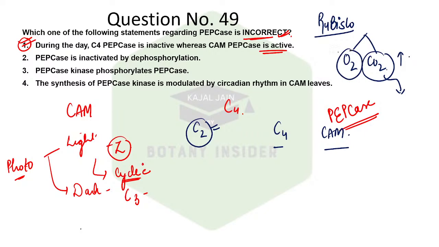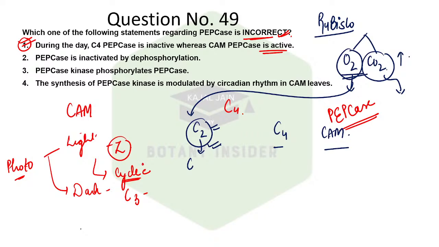Both of them have the same active site for binding. So if a higher concentration of oxygen is there, your Rubisco starts to work as what? The Rubisco starts to work as an oxygenase. Because it works as an oxygenase, it initiates a process known as the C2 pathway, that is photorespiration. In this there is unfixing of carbon dioxide going on. The fixed carbon dioxide gets unfixed, and at the end, C3 is operating.